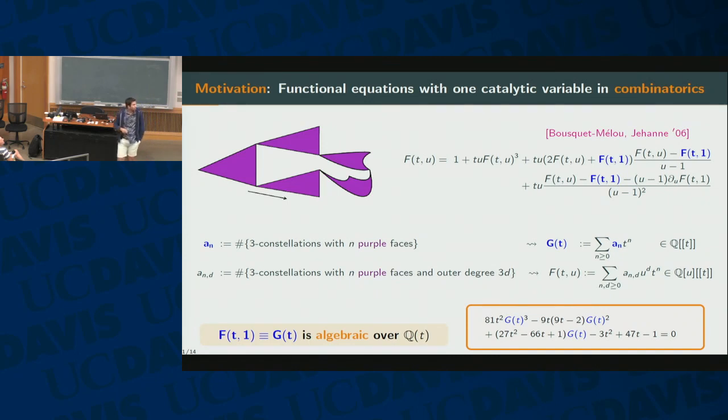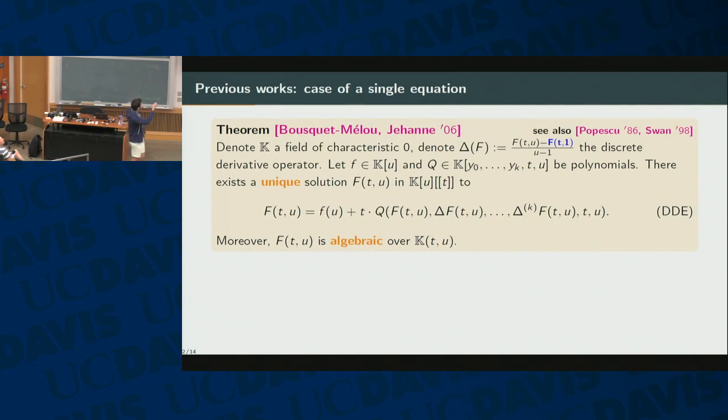This is, in particular, a consequence of a beautiful result due to Mireille Bousquet-Mélou and Arnaud Jehanne, which says the following. Let k be a field of characteristic 0, and introduce what we call the discrete derivative operator, which can be seen as just a shift on the coefficients of the series f.